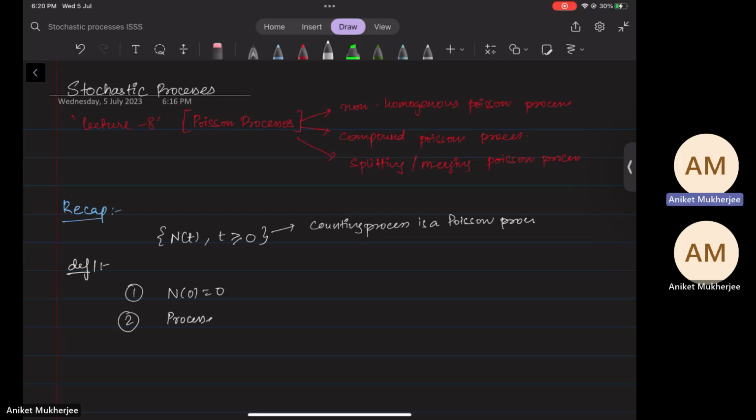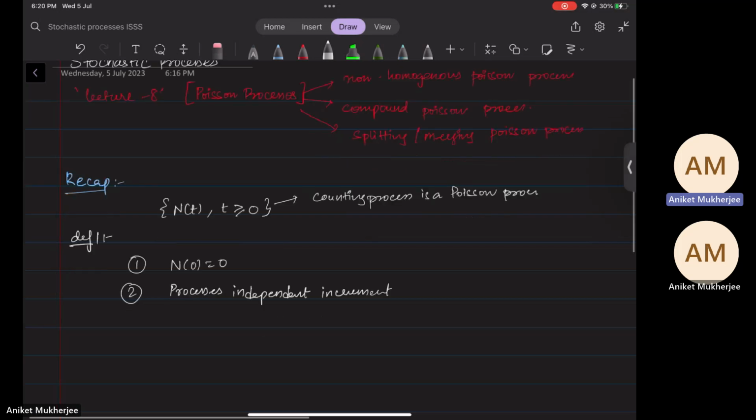Two, the process has independent increments. So the number of events occurring in each non-overlapping section of time would be independent of each other.